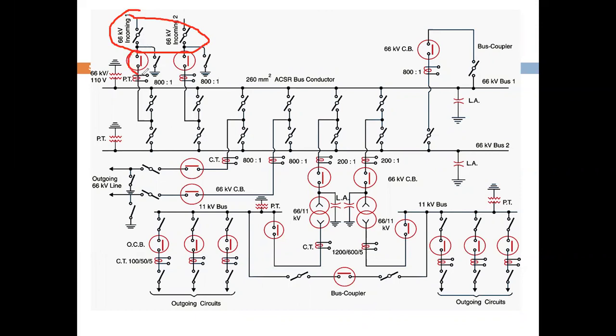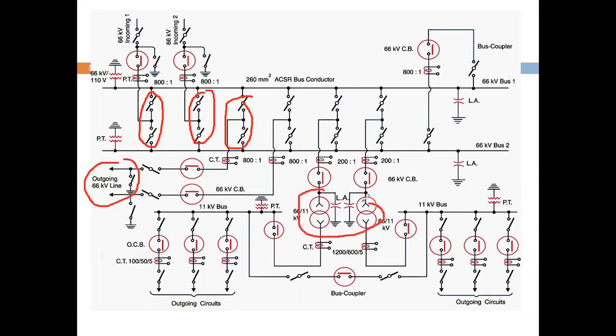Then after that, a circuit breaker and an isolator or switch are there. This is one bus bar. Then circuit breaker, isolator, circuit breaker, isolator, circuit breaker are placed there. Again, the output line is there, 66 kV. Here two transformers are placed, 66 kV to 11 kV.